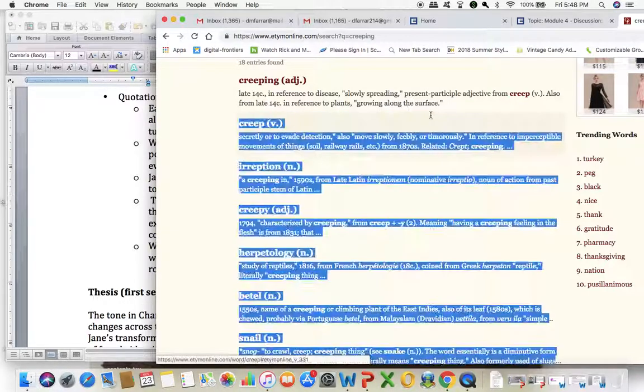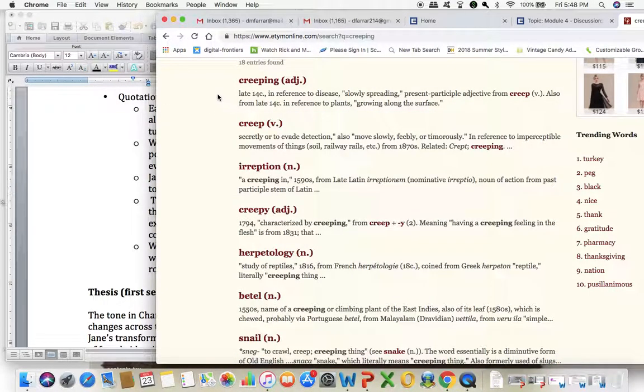So, for example, up here, we see that in the late 14th century, creeping is referencing a disease or slowly spreading. So arguably, you could talk about how the word creep, or the act of a creeping woman, is a diseased woman, that there's something wrong with this particular person, right?